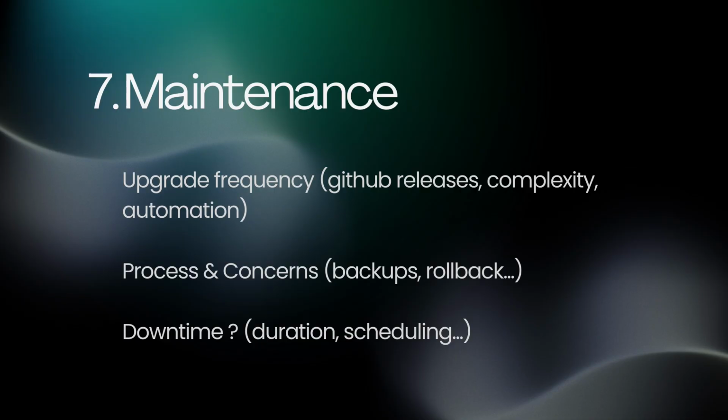Have a look inside the GitHub repository to check the releases and the release frequency, and check the complexity. If there are a lot of breaking changes and stuff like that, it's not really interesting, because you could have a downtime schedule or maintenance schedule that you need to communicate to your customers and so on.